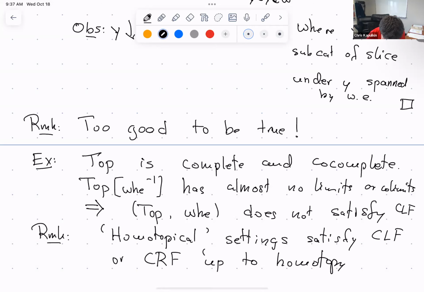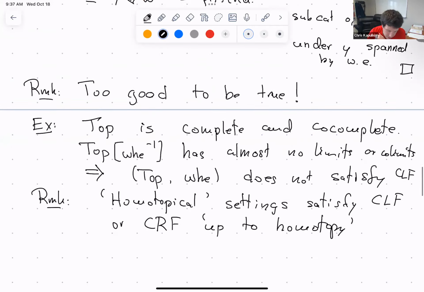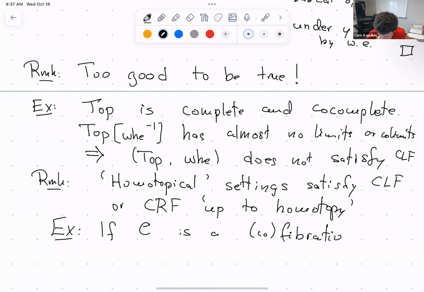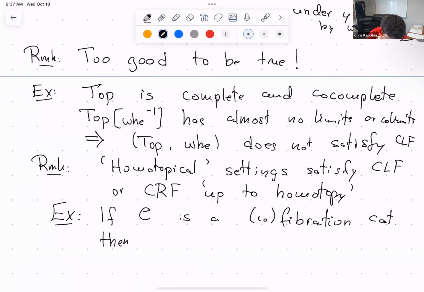And what it means, let me give you a specific example. If C is either a cofibration or a fibration category, then what I would call pi of C, pi not with capital C. So it's a framework, something like a model category, right?